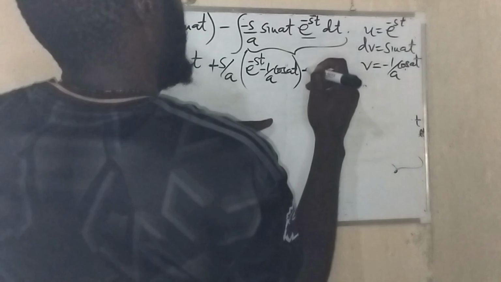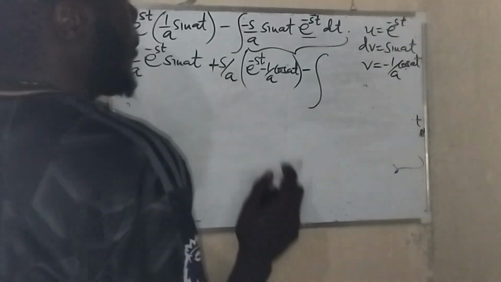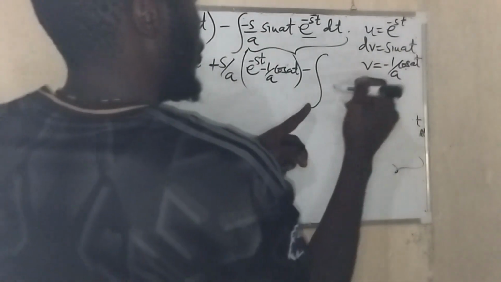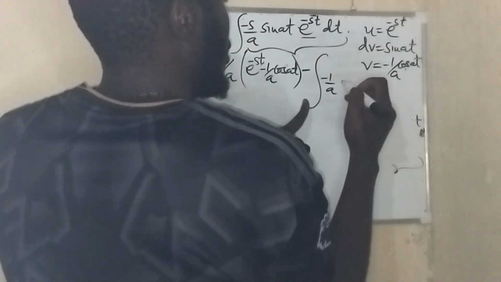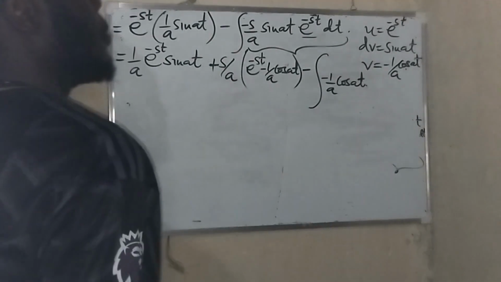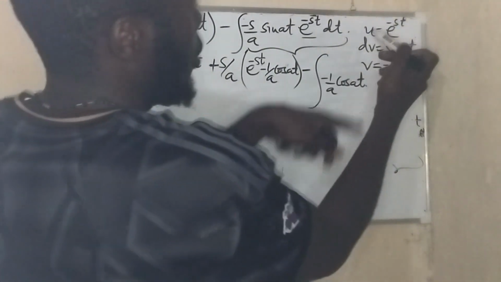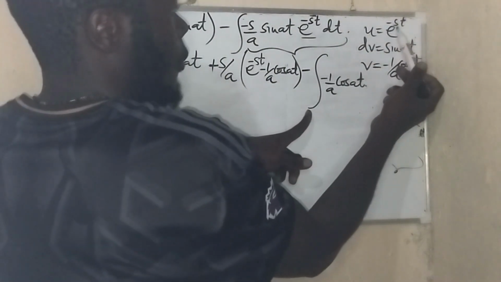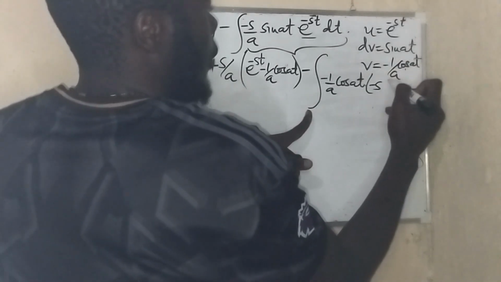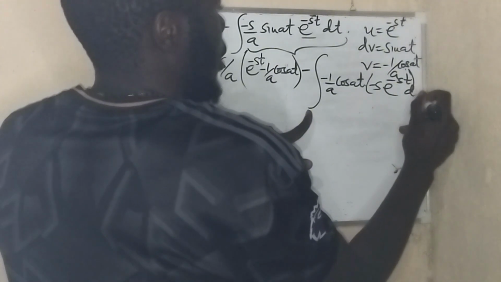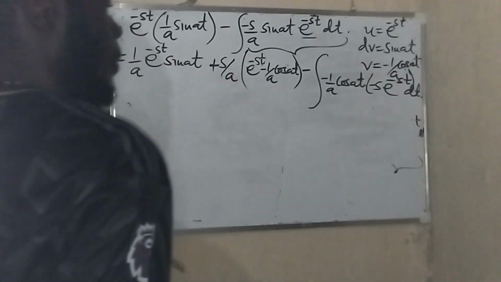So we have negative 1 over a cos at, and we have minus the integral of v du. So your v is negative 1 over a cos at, then du, we differentiate, is negative s exponential negative st dt.